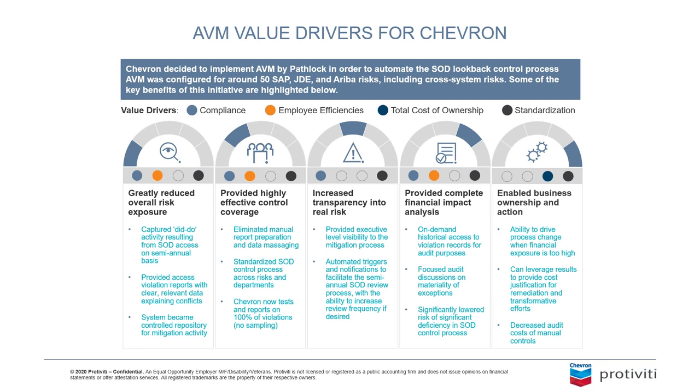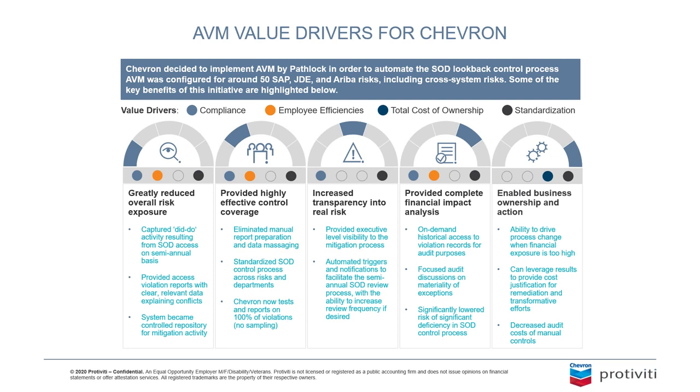So, that was a key piece in reducing the overall risk exposure for Chevron and in replacing the previous manual process. Some of the reports that Susan showed examples of in the previous slide. And then, having a centralized repository of all of that data, a centralized paper trail, if you will, not only for Chevron management and the internal controls team, but ultimately for the external auditor as well.